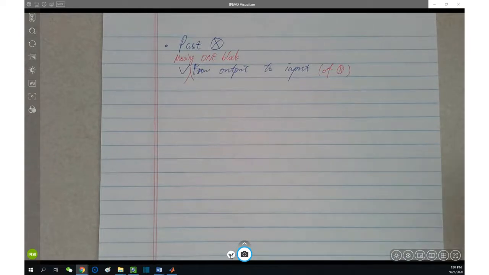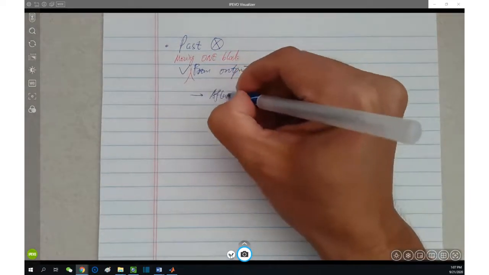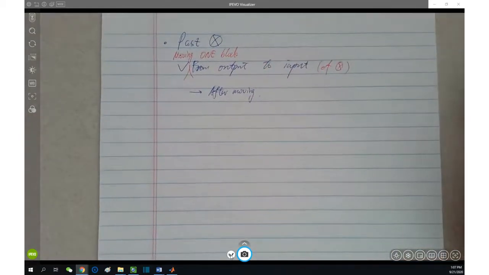Then what is the algorithm? The algorithm is saying, go ahead, you can move. And then after moving, you need to do something.